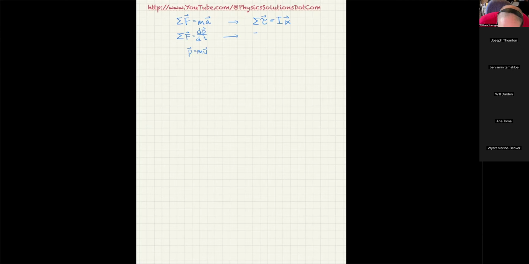But here is the rotational analog for that version of Newton's second law, and your textbook author takes a little time to derive these. The rotational analog of this one is the summation of the torques is equal to dL/dt, where L is the angular momentum. One way you can think of angular momentum is for a particular body rotating about some axis, an object rotating as opposed to revolving.